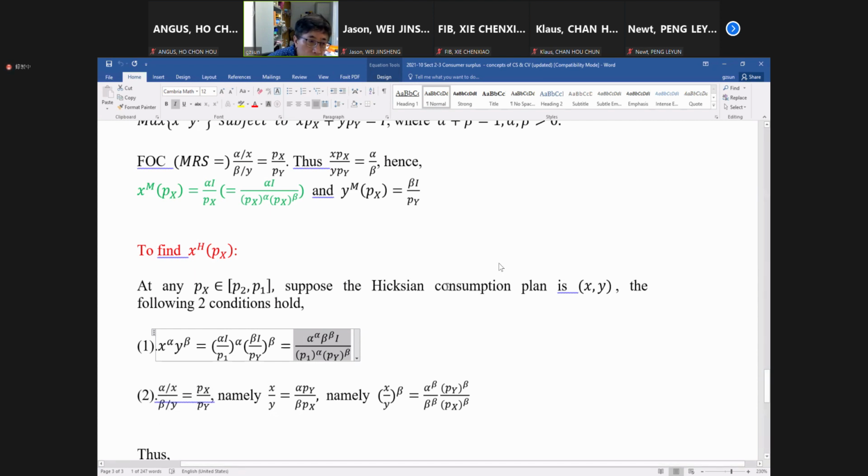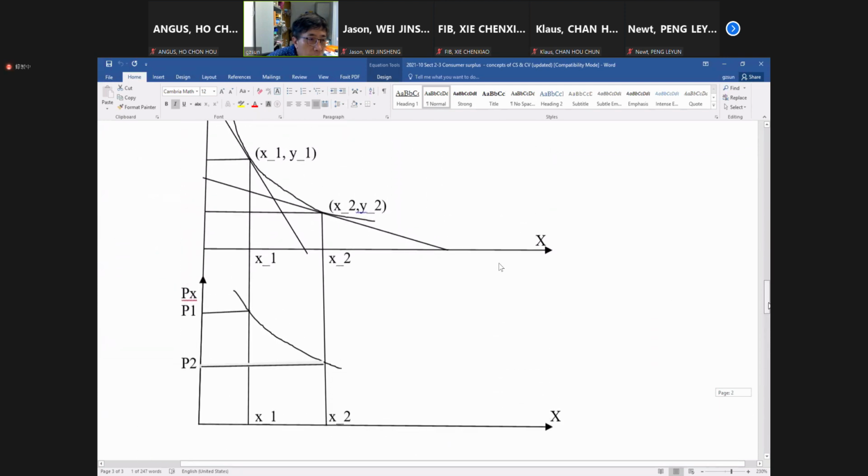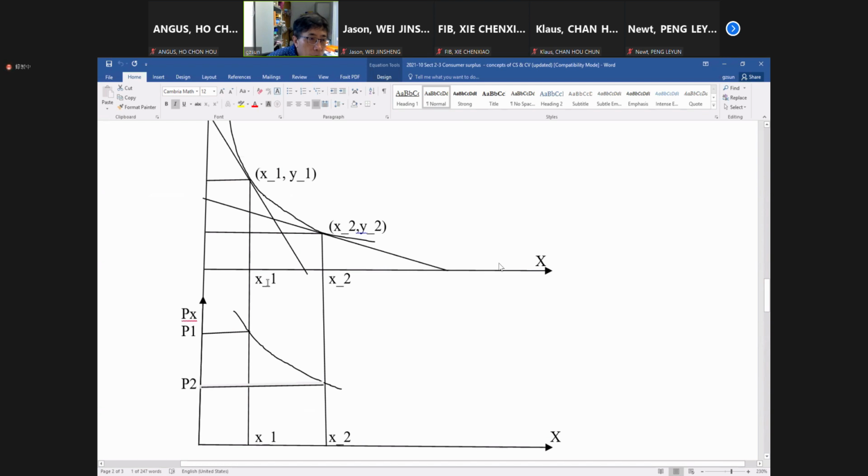Another condition, as mentioned earlier: when the price drops to any level, for example at this point, if we draw the budget line, the slope of this straight line equals Px over Py.